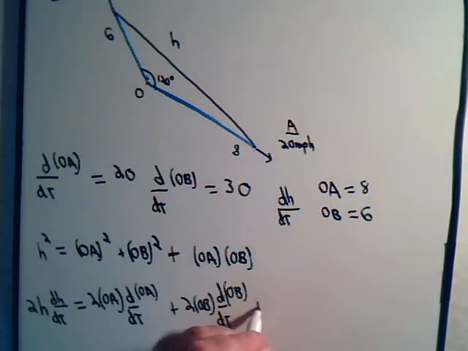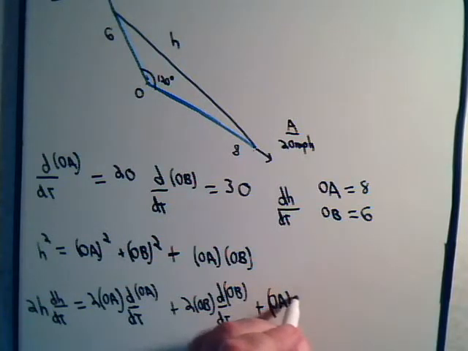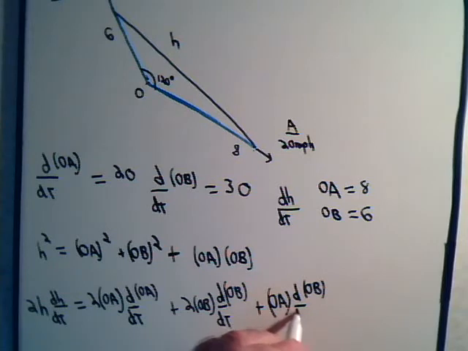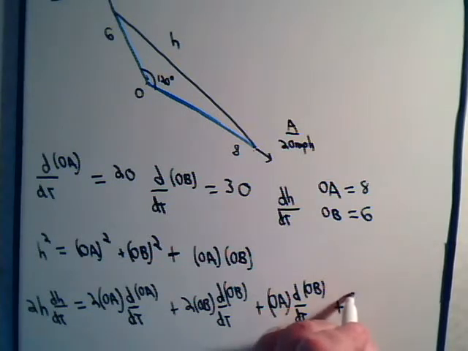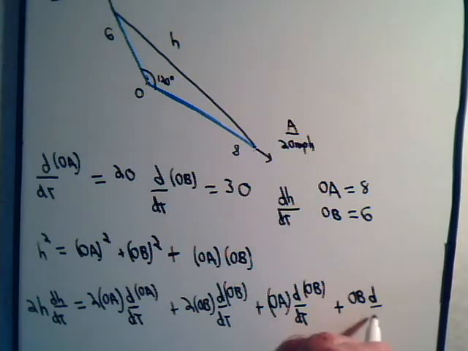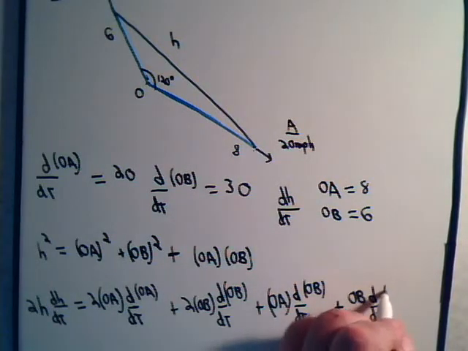So it's going to be plus OA times the derivative of this one, dOB/dt, plus this OB times the derivative of OA.